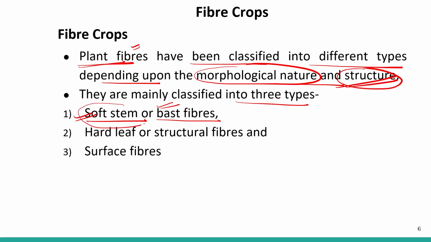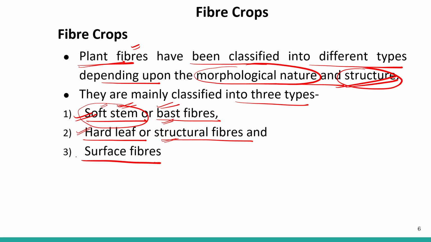So the fibers are obtained from the stem, right? Basically these stems are quite soft and those fibers are called bast fibers. Then hard leaf or structural fibers, where you get fibers from the hard leaf, okay? Those are also called structural fibers.